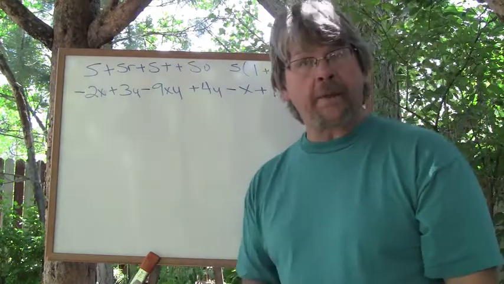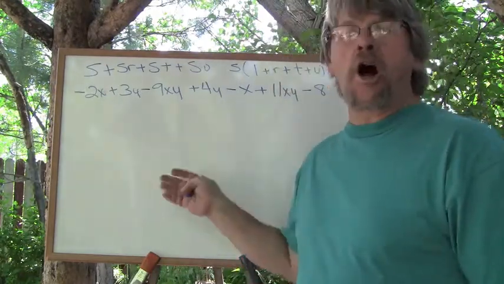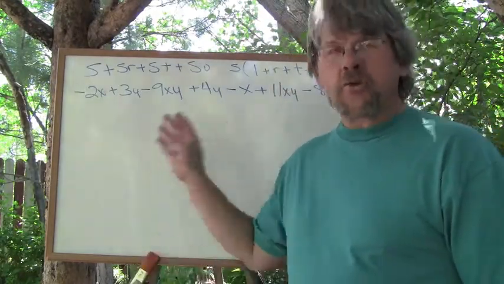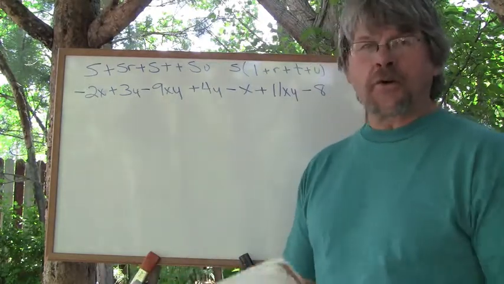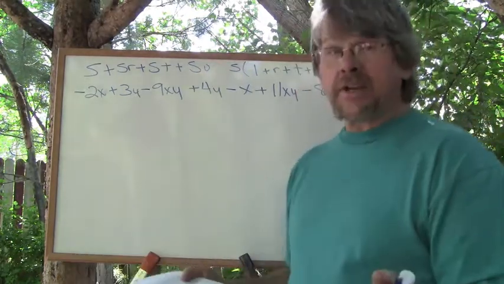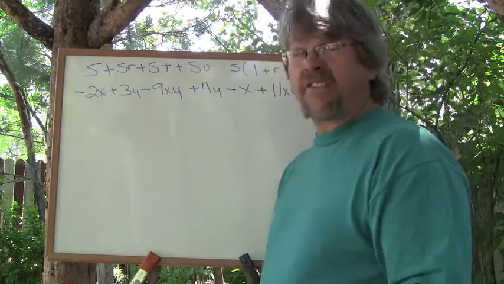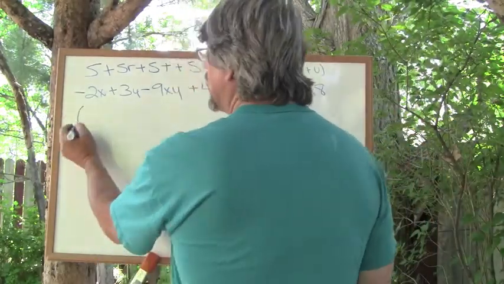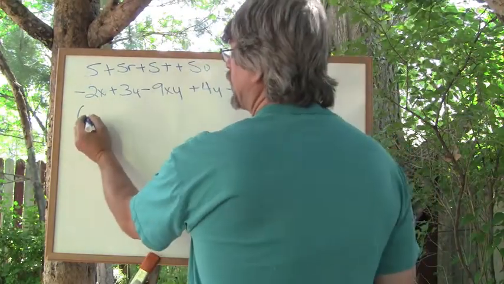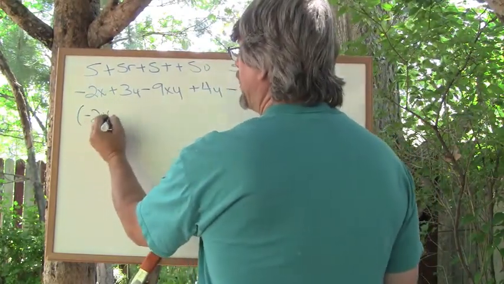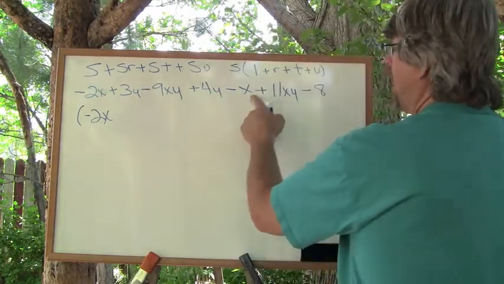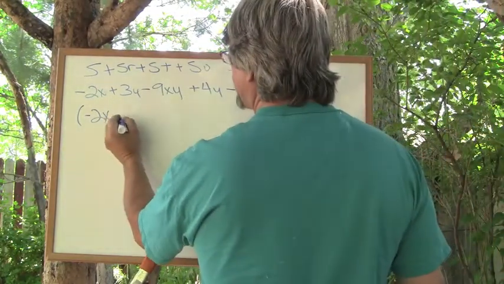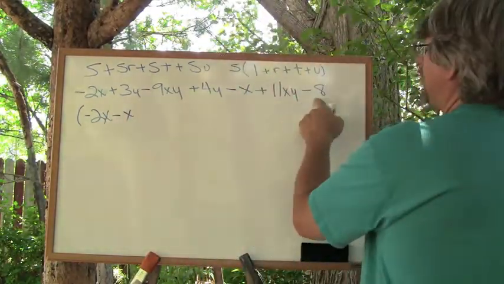So what we want to do is we want to pull all of the like terms together. It makes it easier for us to do. Remember, everything in math, believe it or not, is made so that it's easier to do. Our parentheses are our friends. Let's put together all the x's first. Negative 2x, there's a y, xy, a y, oh, there's a minus x, and then a xy, and then 8.